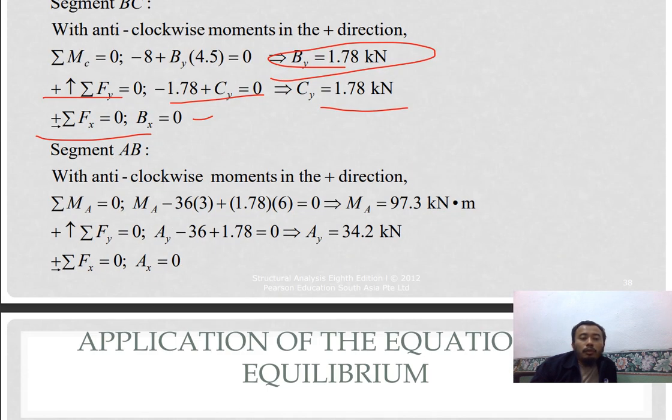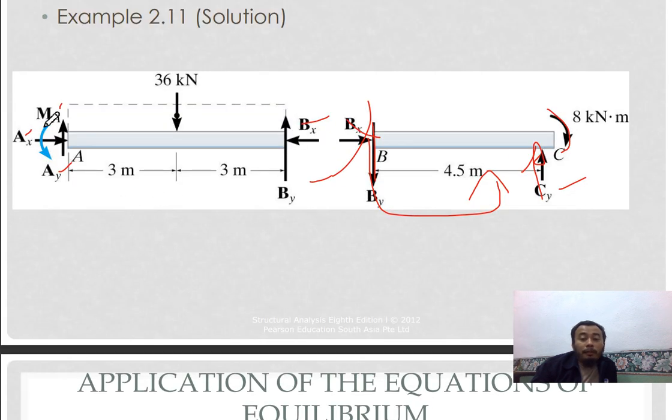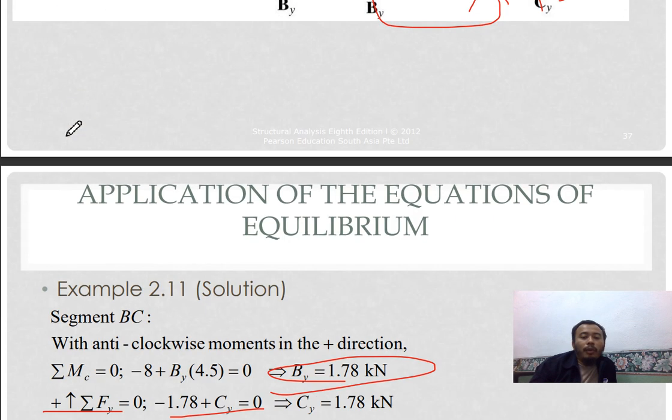And then you move on to member AB, the next member. So we take moment at A, because this is a fixed support, so you have your reaction moment here, MA. We assume it to be positive, anti-clockwise, easier.